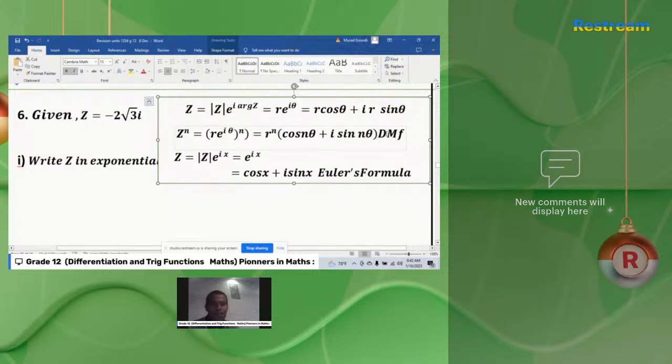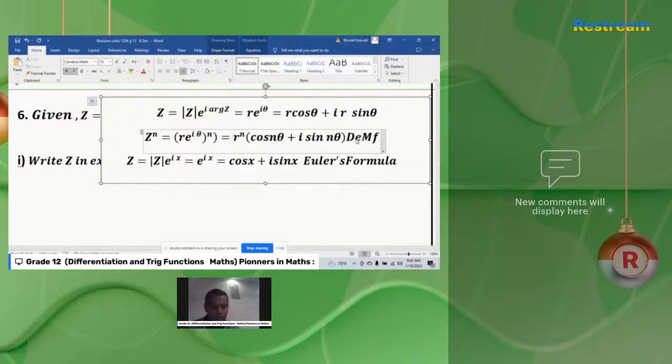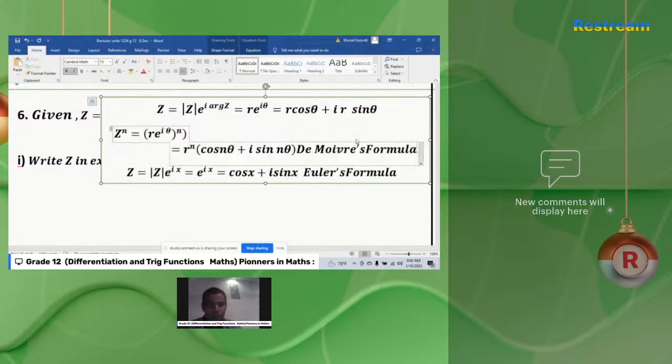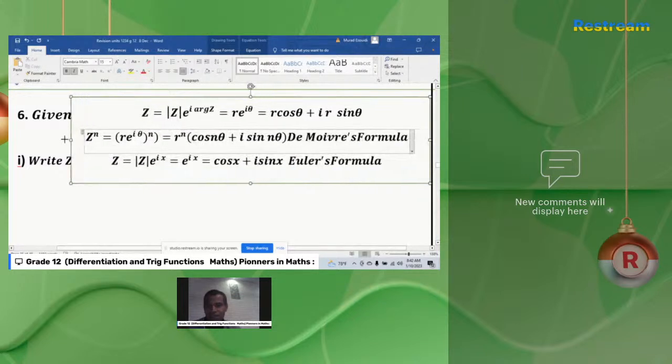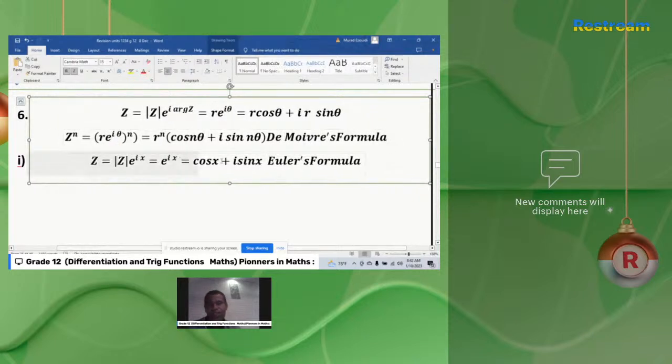And this, we said, is De Moivre's formula. I will write the name of this scientist, Moivre, formula. I will just extend this, learners, excuse me, to explain this for you.